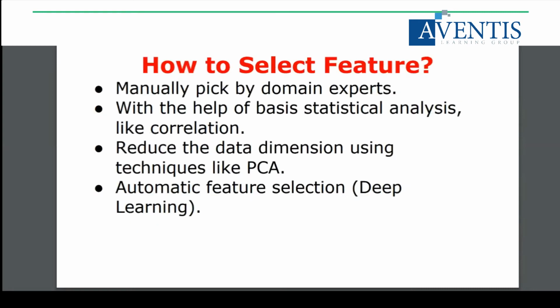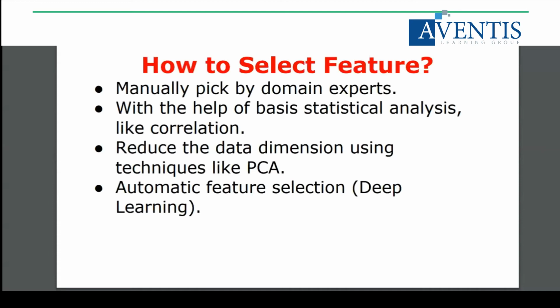Okay, and how do people select these features? Domain experts can manually pick, and with the help of basic statistical analysis like correlation, it may be that two parameters or two variables are highly correlated, so you can combine those two, or you just take one, so no need to take both at a time.